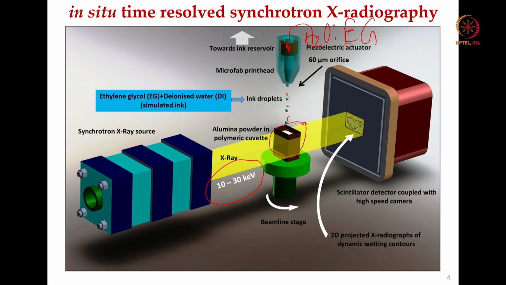This is the microfab print head, and as I said, this is the simulated ink. Each second 500 frames are recorded, and this shows one particular frame, where you can see the 2D projected X-ray radiograph of the dynamic wetting contour. And this is the beamline stage, which is rotated each time.